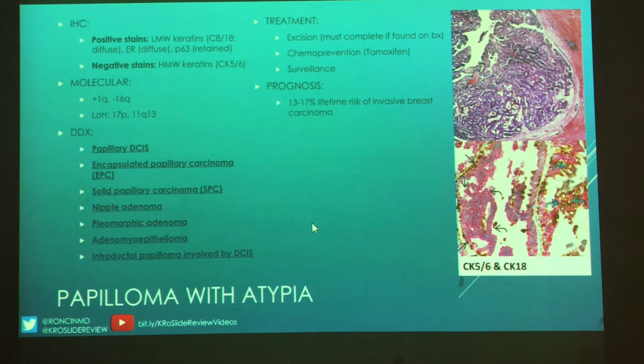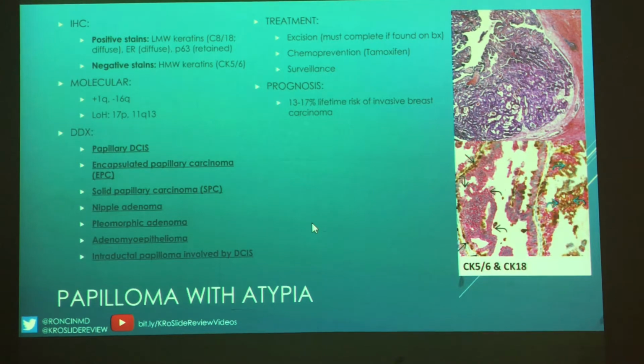So you'll notice the difference between a papilloma and an atypical papilloma is our CK5/6 is going to be negative in this, and your CK8 and 18 is going to be positive. These generally are ER diffusely positive, so that's your ADH, right?